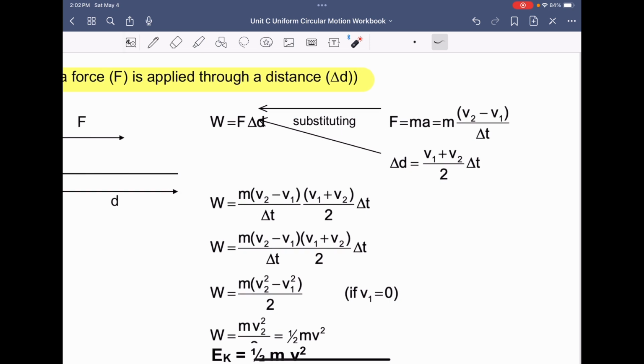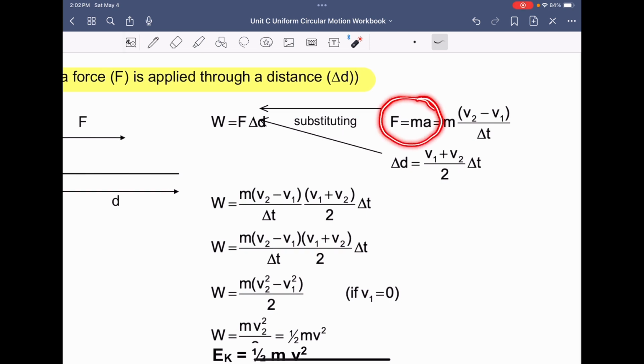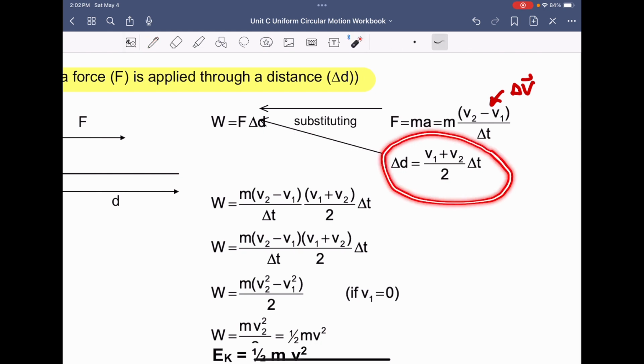And from our previous unit, we knew that force was equal to mass times acceleration, where acceleration is the change in velocity divided by time. That's what this piece here in the numerator is. This is representative of our change in velocity. And so we have change in speed divided by time. And then for the distance, on our formula sheet, we have this definition where our accelerated change in distance, or change in displacement, is equal to the average of the speeds.